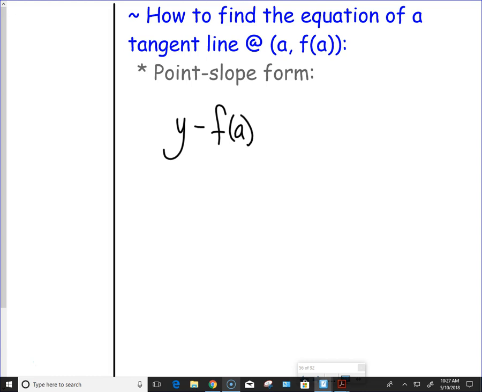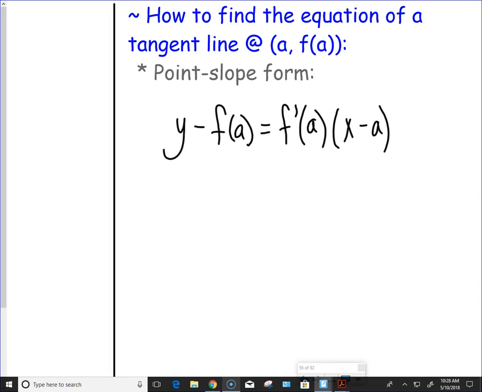It's the y1. Good. It's the specific y1 that they've given you. Equals. I'm not sure if I'm right, but is it f prime of a times x? Perfect.